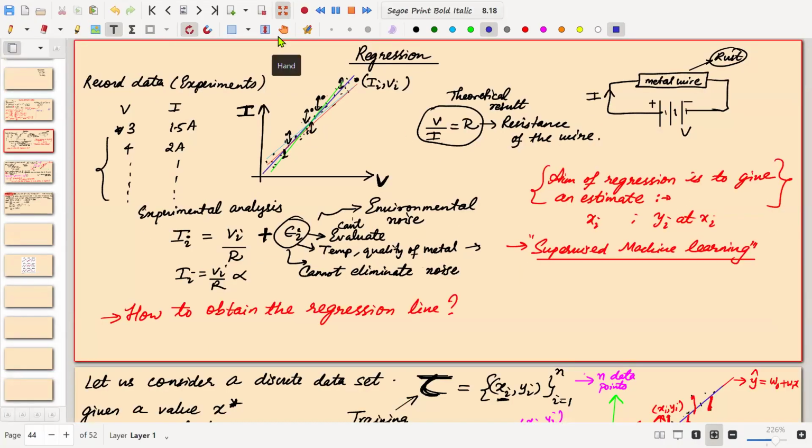Okay. Last class we discussed regression. How we got motivated from regression is that we have real data sets. For example, I gave you an experiment: suppose we have a wire and we pass voltage through it, which is under our control, and the current flows through it.